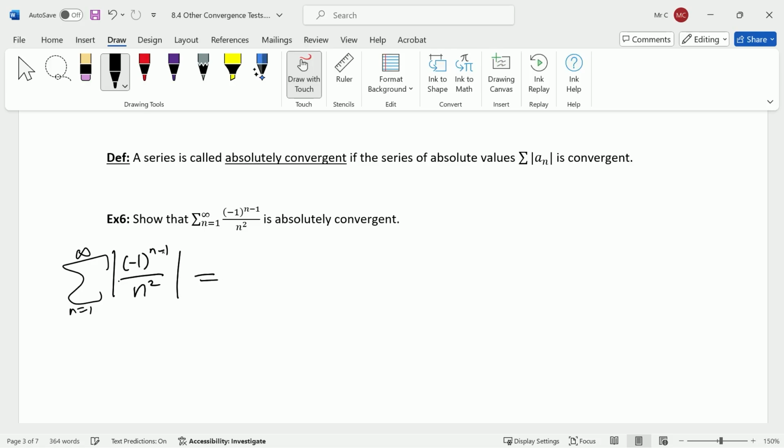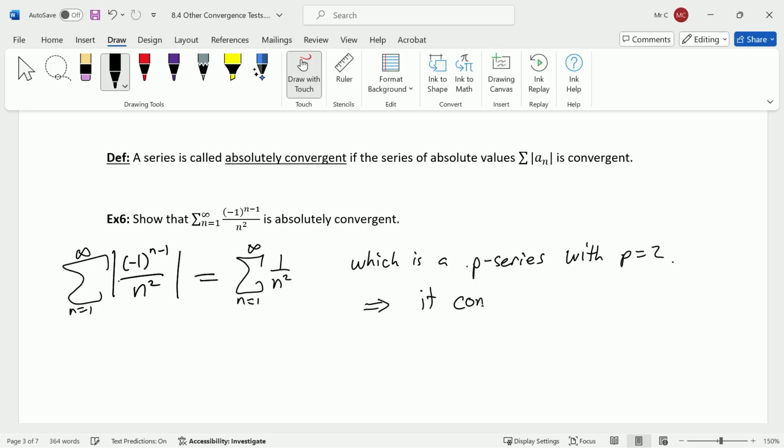And since we're taking the absolute value, the only difference that happens with this numerator is it alternates between negative 1 and positive 1 normally, but if I take the absolute value, my numerator is always going to be positive 1. So this series will be the same as the series 1 over n squared, which is a p-series with p equal to 2, which implies it converges.